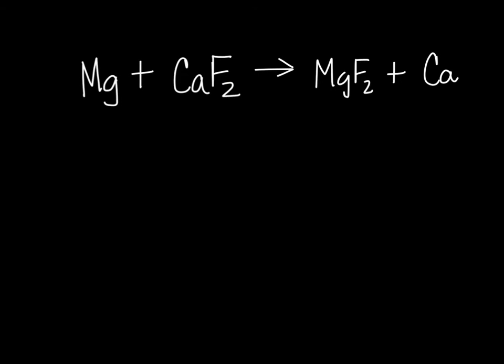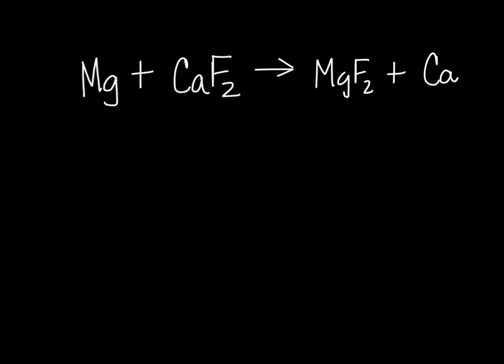All right, so here I have an equation, and what I want you to do is identify if this is a redox reaction or not. In order to figure that out, the first thing that you have to do is assign oxidation numbers to all of the elements. Once all of the oxidation numbers have been identified, then you can see if the numbers are changing or not.